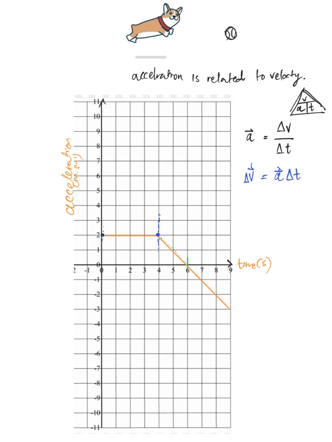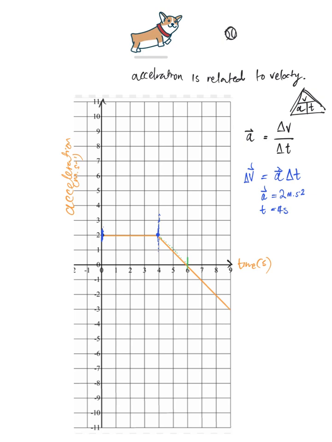That helps me a little bit, because if I'm looking at what the dog's doing in the first 4 seconds, from 0 to 4 seconds, from here to here, the dog has an acceleration of 2 meters per second squared, and this whole thing happens in a time period of 4 seconds.